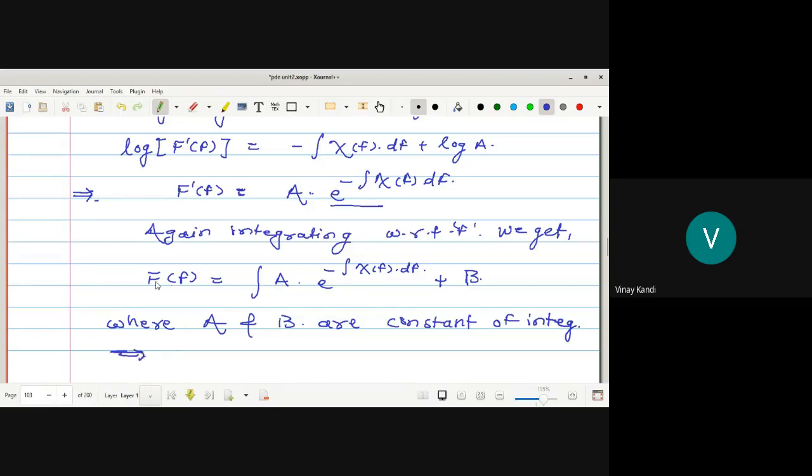So psi is equal to F of f, which is the integration of a into e raised to minus integration of chi of small f df plus b. Give it as equation number 6.